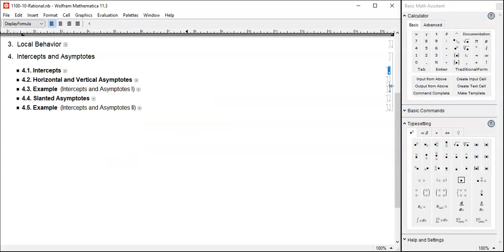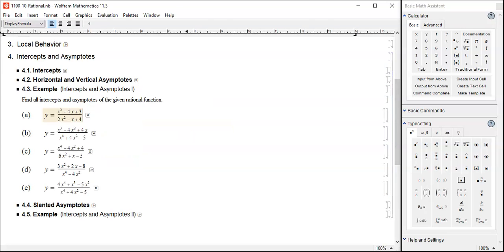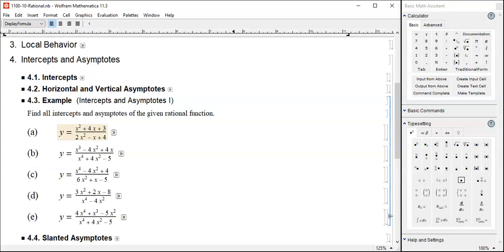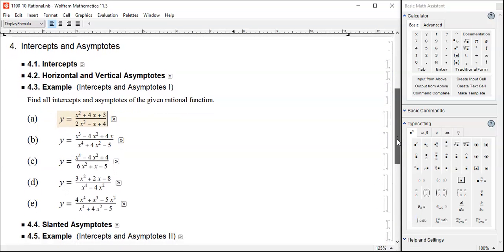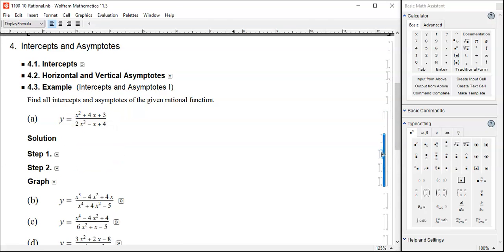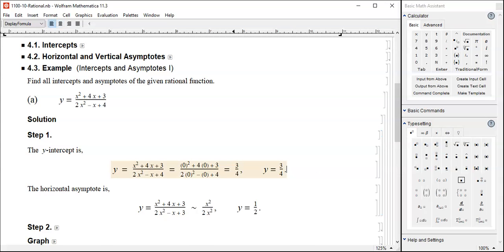Okay, let's go. Here's the first example problem, and that is the easiest one. Many fractions, so let me expand the font. Okay, here we go. Step 1, the y-intercept and the horizontal asymptote. Plug in x equal to 0, we get constant terms a0 over b0.